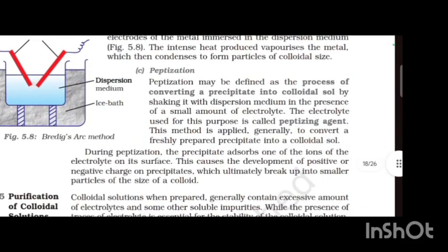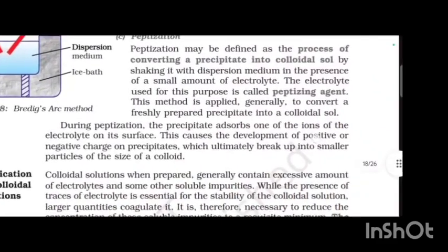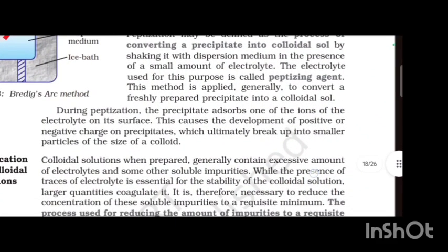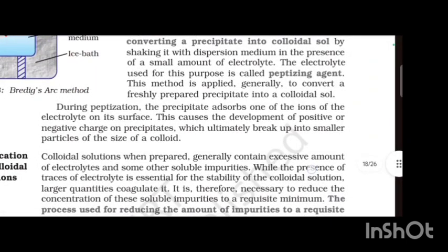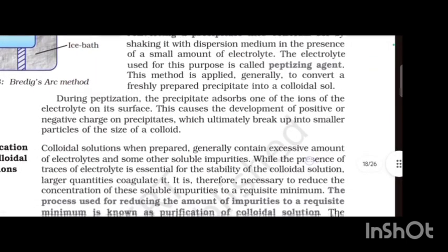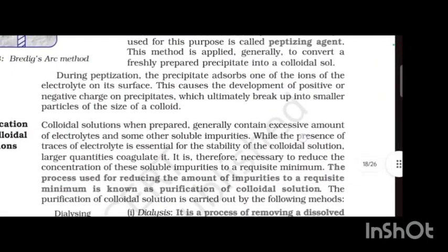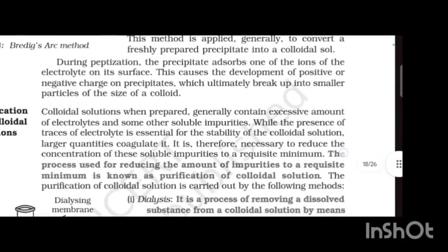C. Peptization. Peptization may be defined as the process of converting a precipitate into colloidal sol by shaking it with dispersion medium in the presence of a small amount of electrolyte. The electrolyte used for this purpose is called peptizing agent. This method is applied generally to convert a freshly prepared precipitate into colloidal sol.